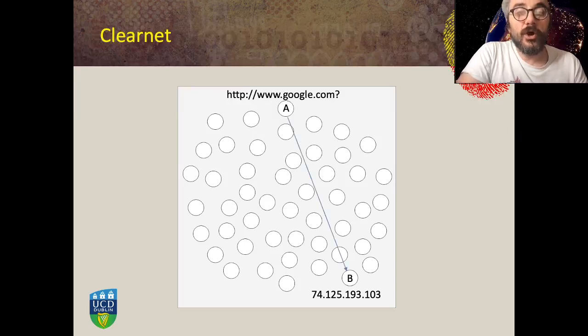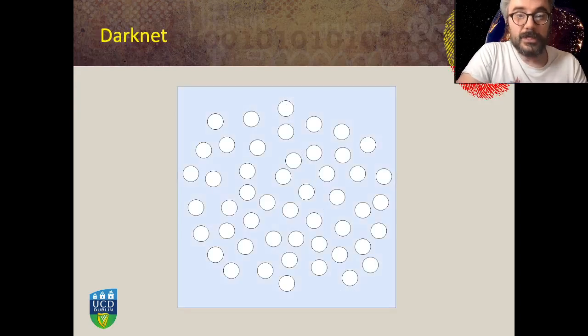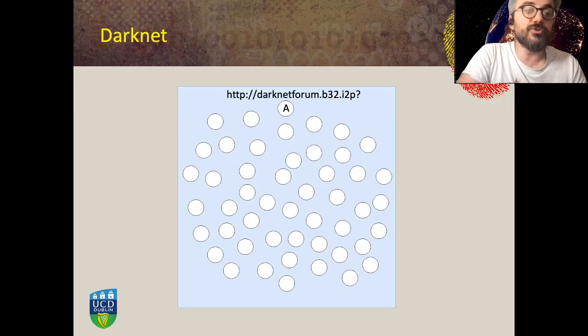On the anonymity networks, however, consider the similar scenario where we have a user who wants to access a service delivered within the anonymity network, such as a darknet forum, for example.